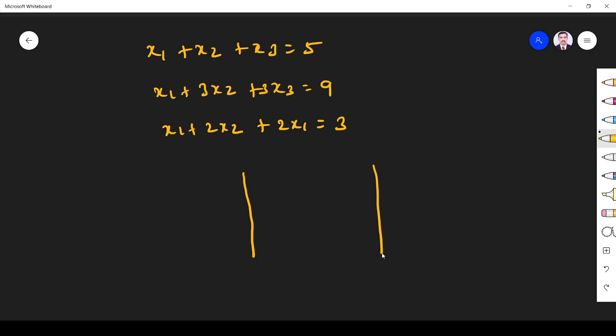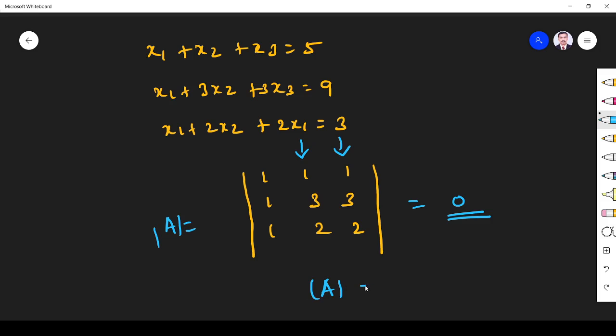Let us see. Here 1, 1, 1, coefficients of x1, x2, x3. Here 1, 3, 3. Here 1, 2, 2. So I have to find the determinant value. You see, this column and this column are equal. If two columns are equal, surely the determinant value is 0. So determinant A is equal to 0.